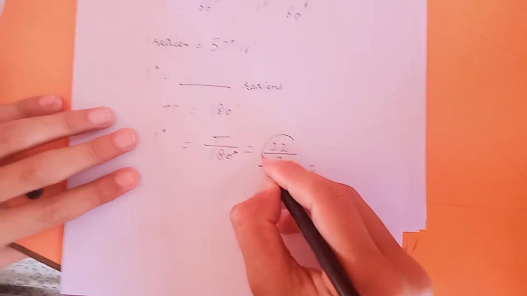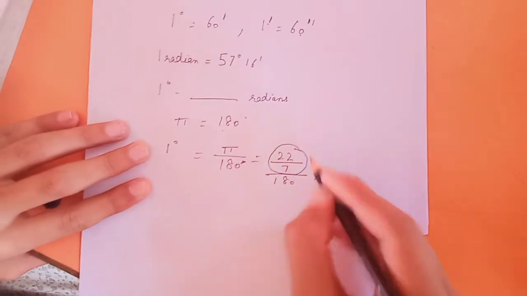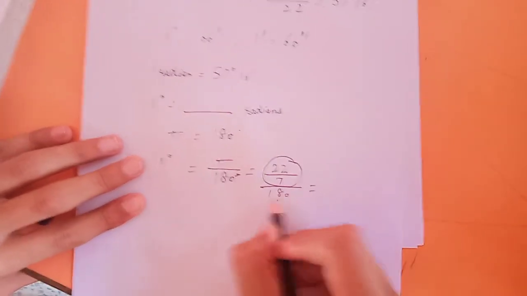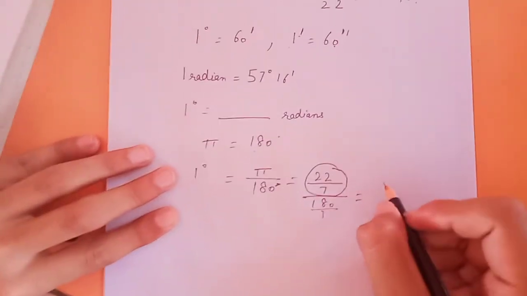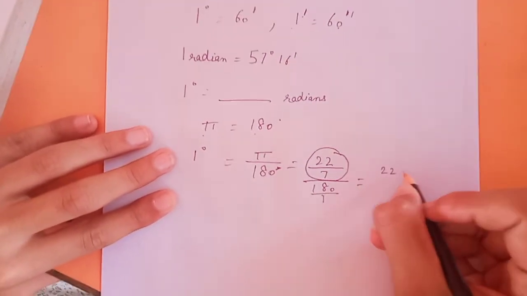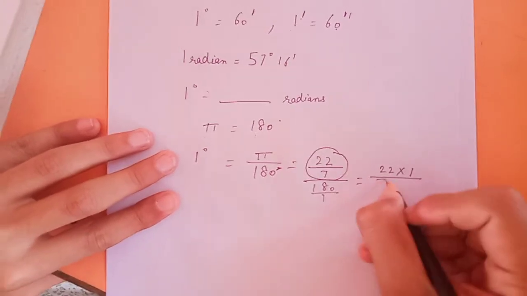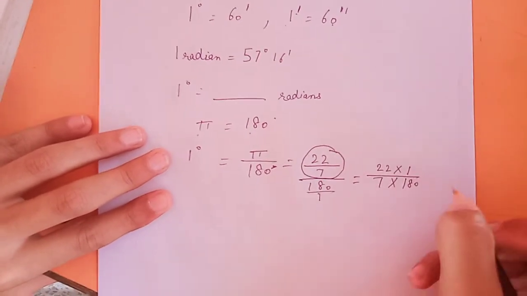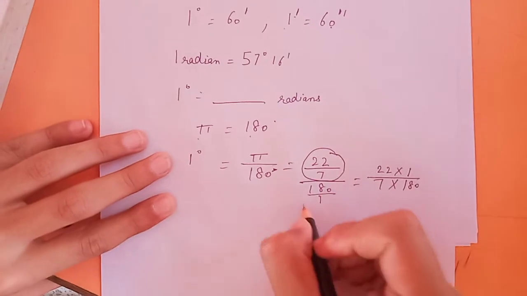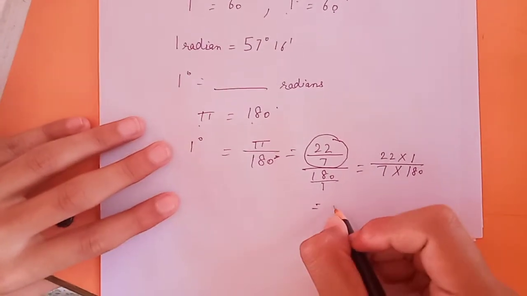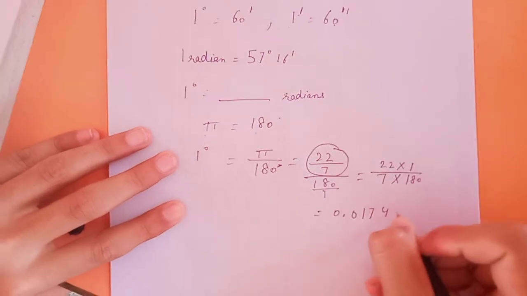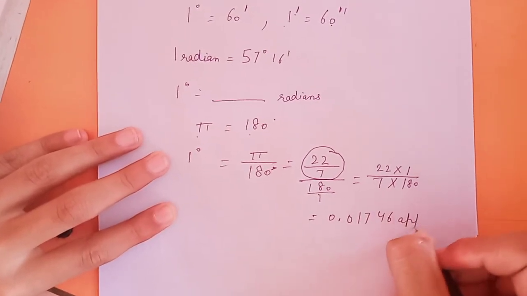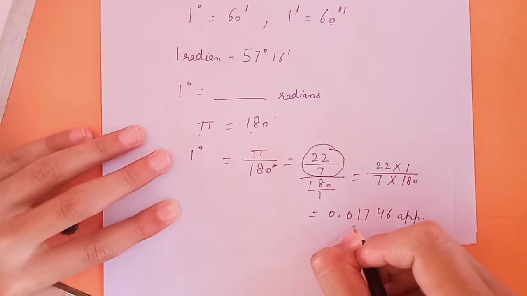This all is our numerator, and this is our denominator, which we can write as 180 by 1. So we get 22 into 1 by 7 into 180, and if we solve this, we will get a very small value, approximately equal to 0.01746.